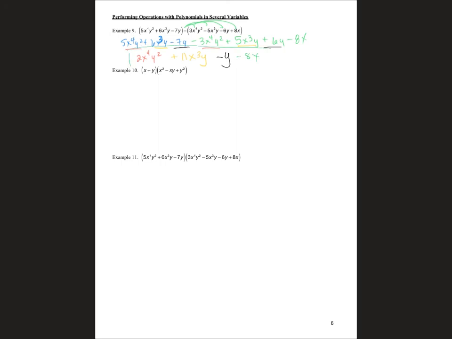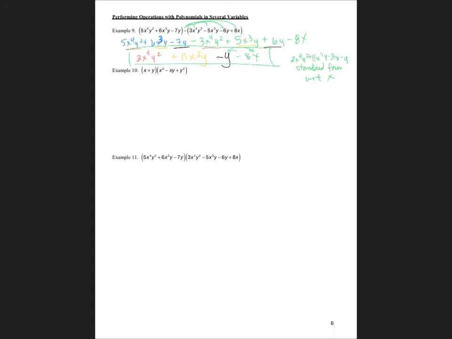And is this in standard form with respect to x? Oh no, it's not. These two should be reversed. So standard form with respect to x would be 2x to the 4th y squared plus 11x cubed y minus 8x minus y. But if I don't specify, it doesn't matter.